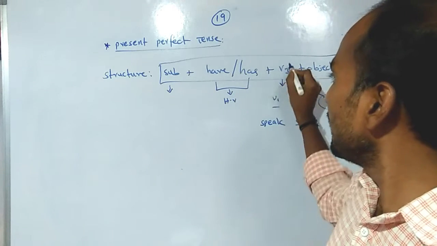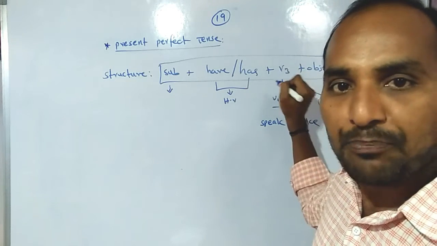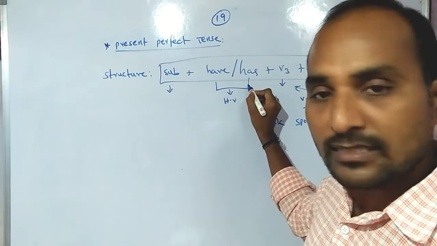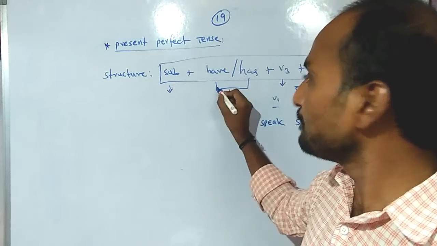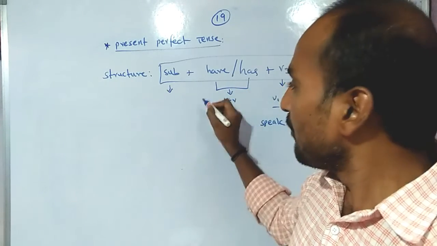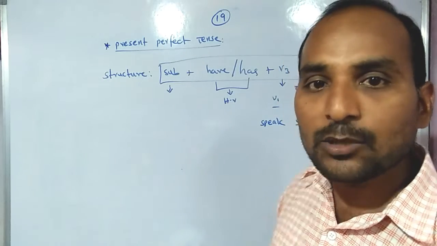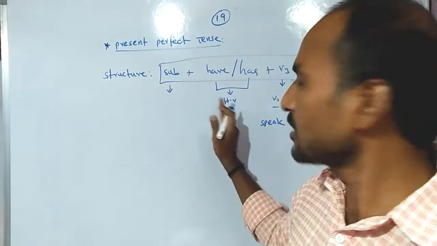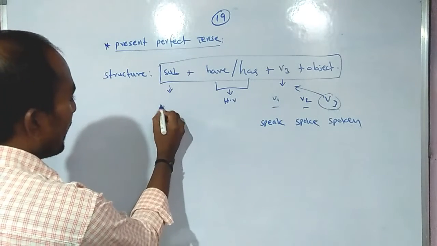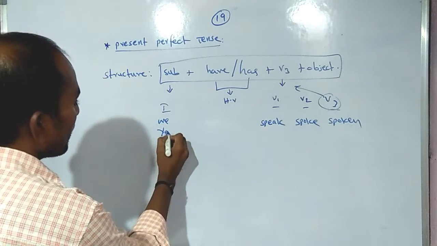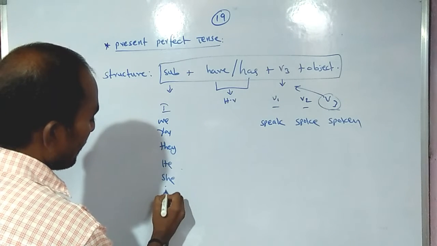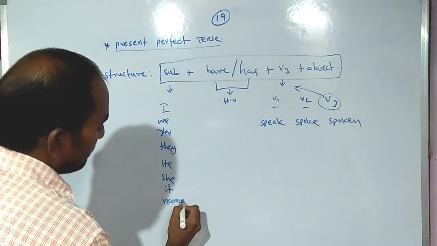For each and everything, we take only the V3 verb. Coming to have or has, here we have two helping verbs. When we have two helping verbs, we have to divide the total subjects into two categories. For example, subjects we have I, we, you, they, he, she, it, names.